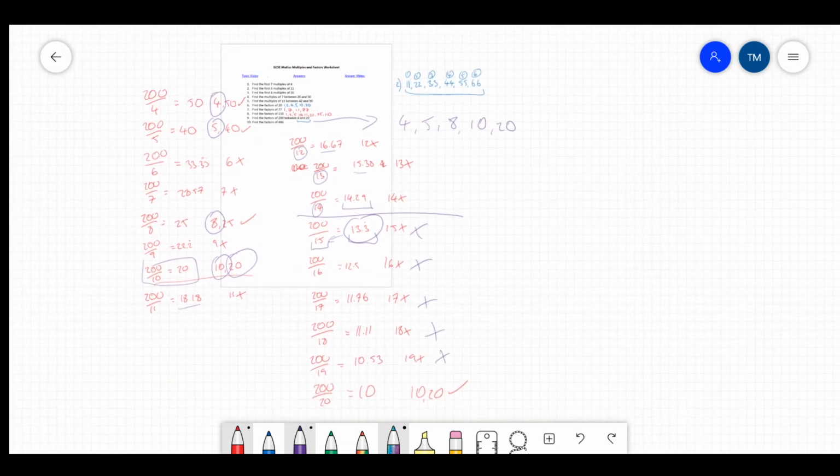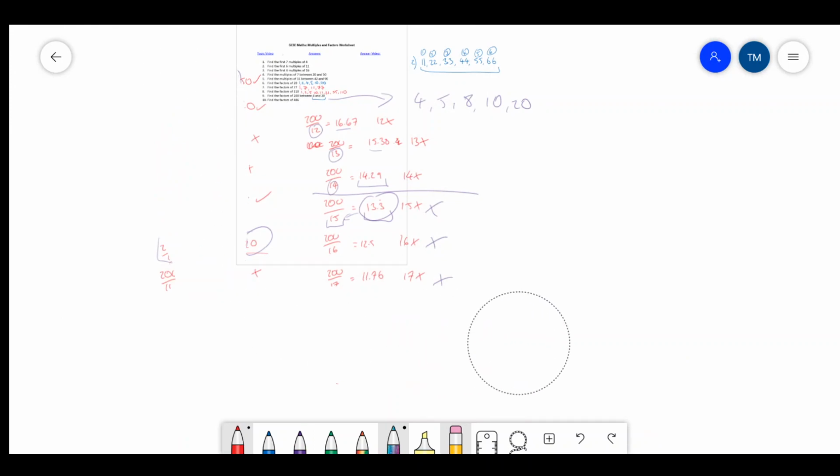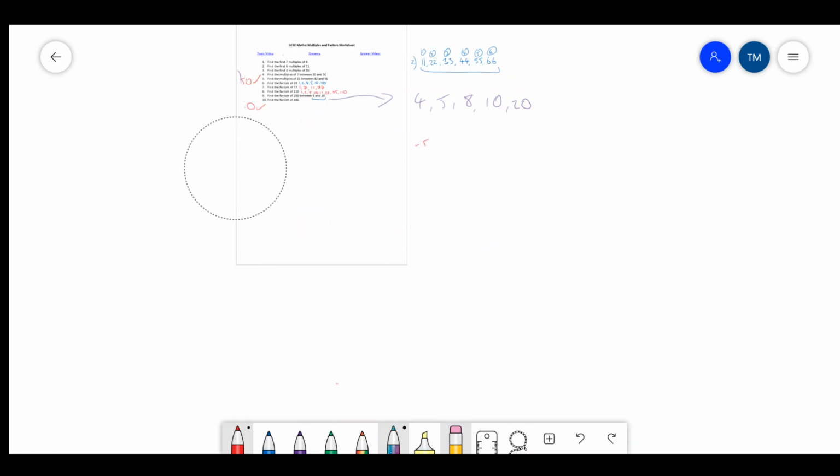Okay, the last one is to do 486. So find the factors of 486 between, in the actual one that you have though, it's between 1 and 7.